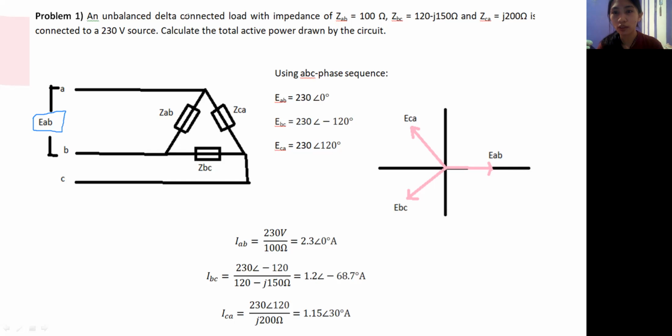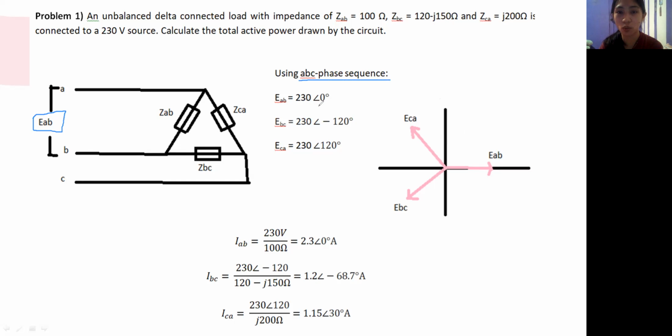In solving, first we have to use the ABC phase sequence. As you can see in the graph, we'll use EAB as the reference voltage.